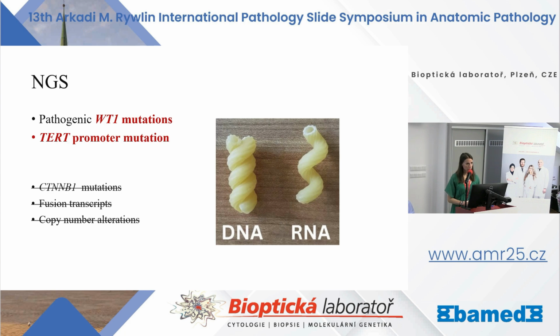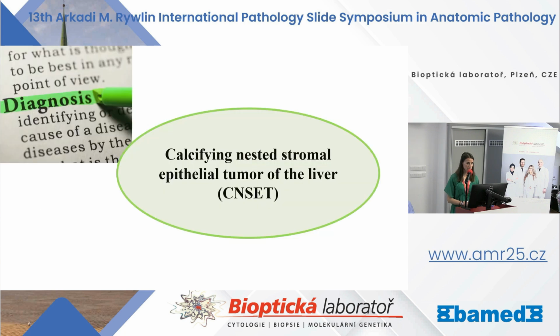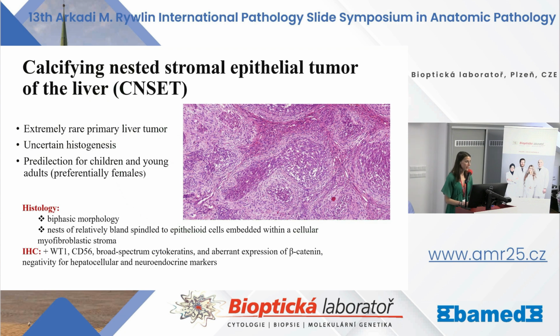So taken together, morphology, immunophenotype, and NGS findings, the final diagnosis of this case was calcifying nested stromal epithelial tumor of the liver, which is a very rare primary liver tumor with uncertain histogenesis. This tumor has a predilection for children and young adults, preferentially females, which corresponds with our case, which occurred in a 24-year-old woman.